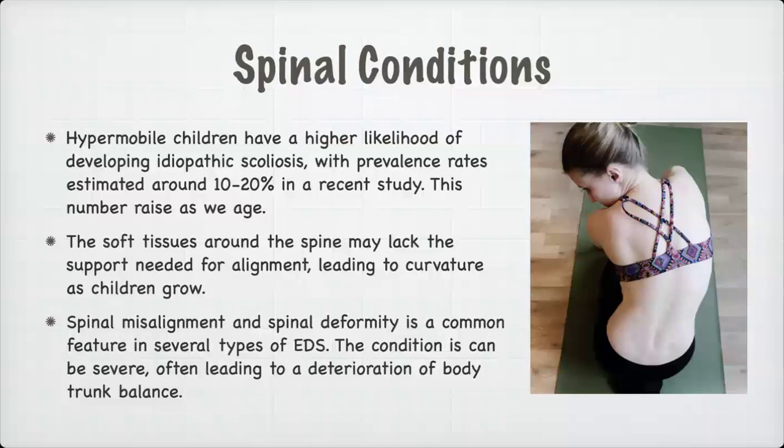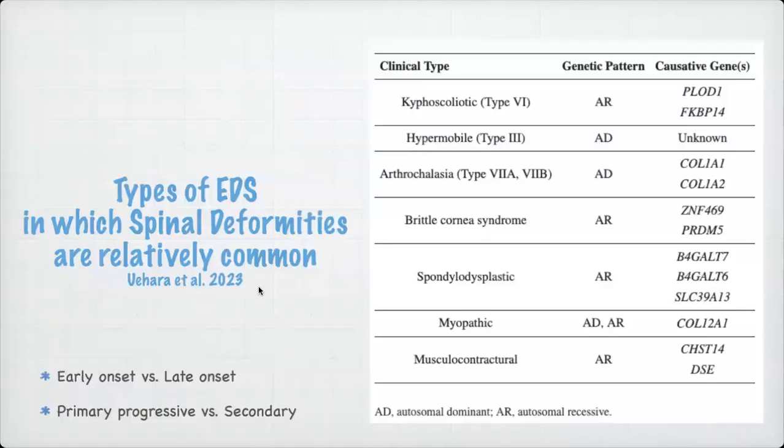Most of the spinal conditions are below 30% progression rate. So it's a good outcome compared to true idiopathic scoliosis. So if spinal misalignment and spinal deformity develop, it needs further assessment with a specialist, an orthopedic spinal specialist and a Schroth therapist.